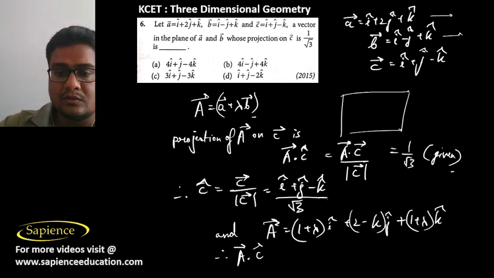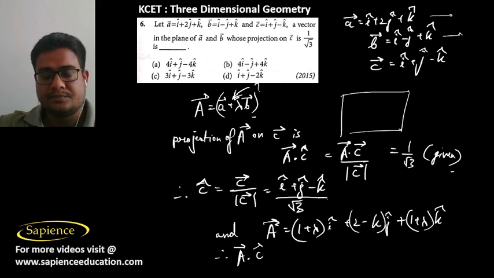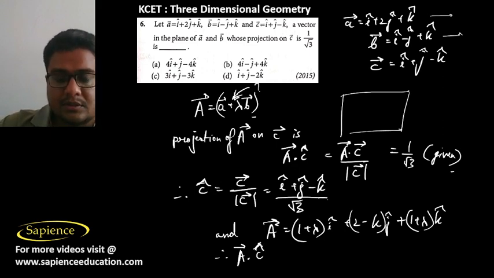First, we need to find the value of lambda. The value of this lambda we have to find first. A dot C cap is equal to 1 by root 3, (1 plus lambda), (2 minus lambda).